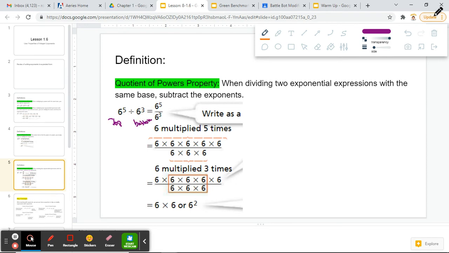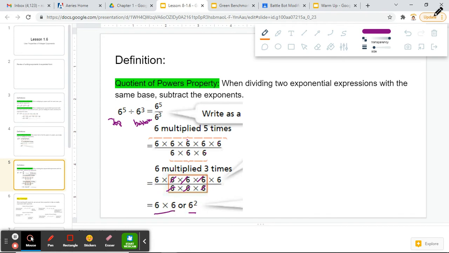So 6 to the 5th over 6 to the 3rd. Notice how you have 1, 2, 3, 4, 5 6s on top and 1, 2, 3 6s on bottom. If we notice here, 3 of the 6s on the top and bottom will cancel out. So all that we are left with is 6 times 6, or 6 squared.